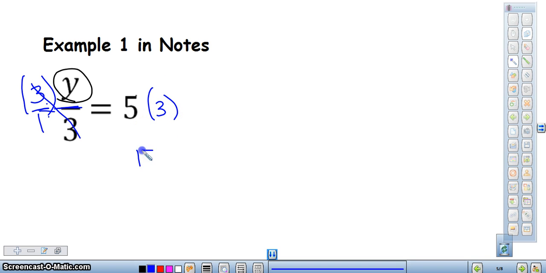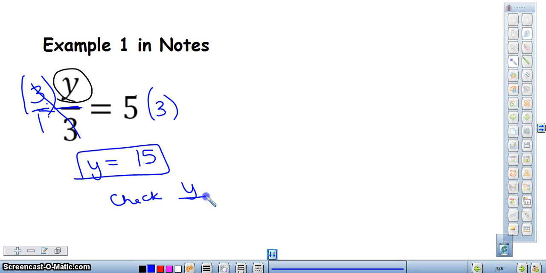Well, 5 times 3 is 15. Y equals 15. As we go to check this, the check says y divided by 3 equals 5. But we want y to be 15. And 15 divided by 3 is 5.